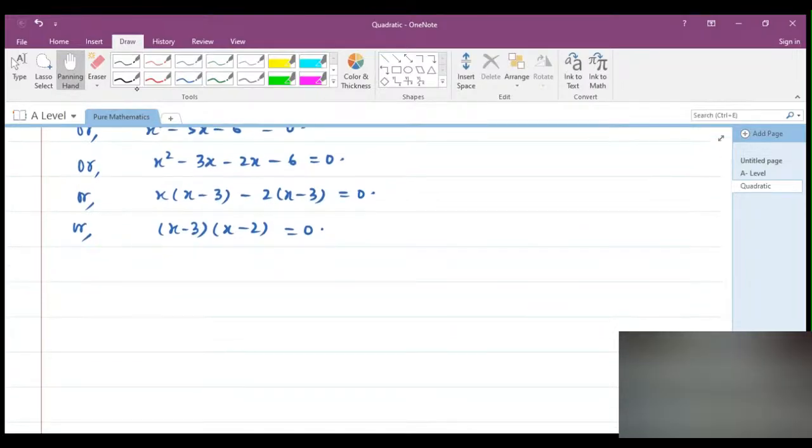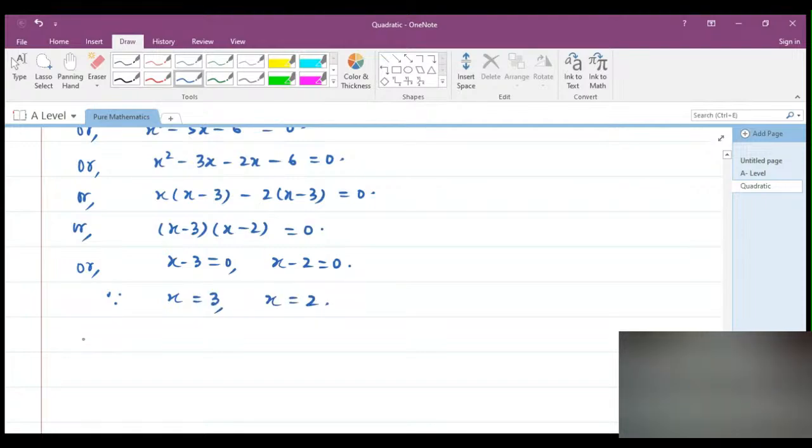Here the next step will be x minus 3 equal to 0 and x minus 2 equal to 0. Therefore here will be x equal to 3 and x equal to 2.